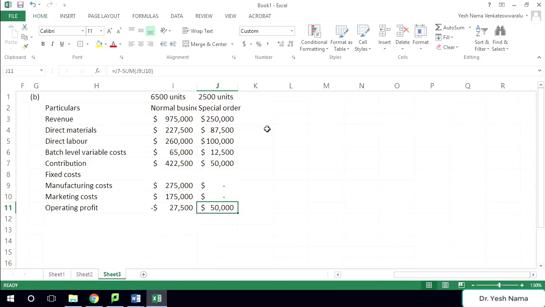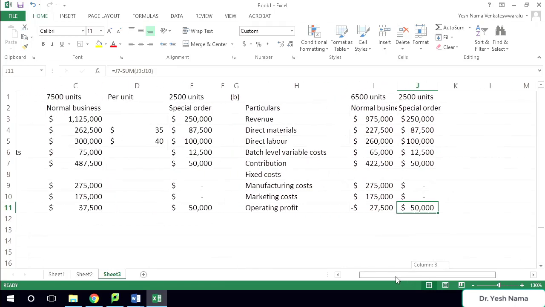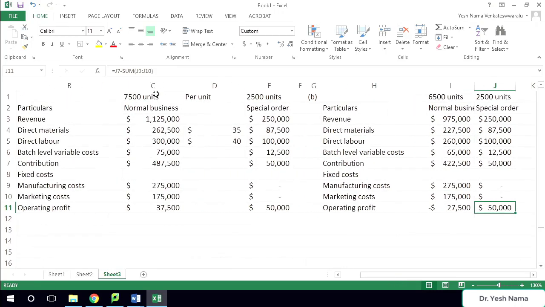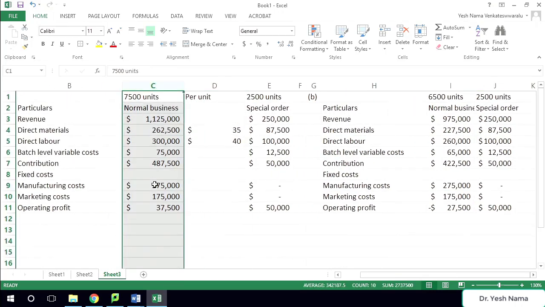But what if you do not accept the special order? If you do not accept the special order, your profit will be this. Because you're doing the normal business of 7,500. So, if you do not accept the special order, your profit number will be this.